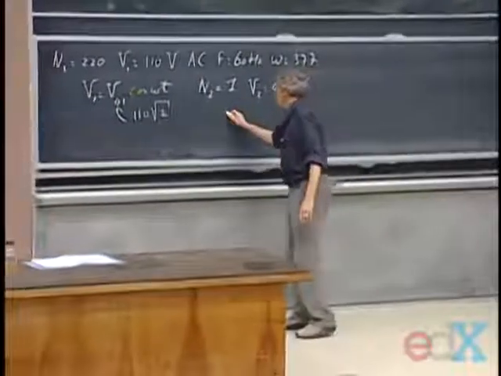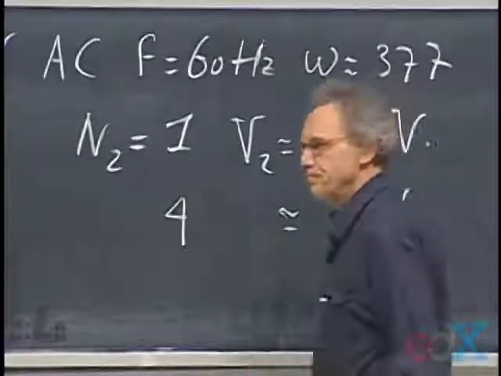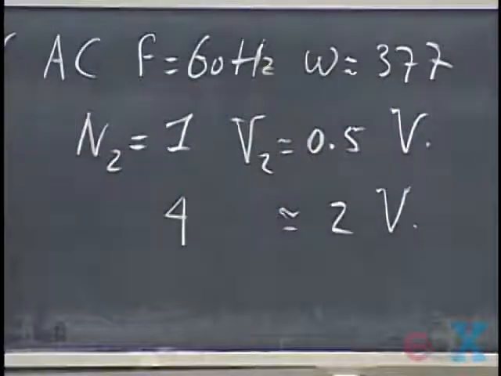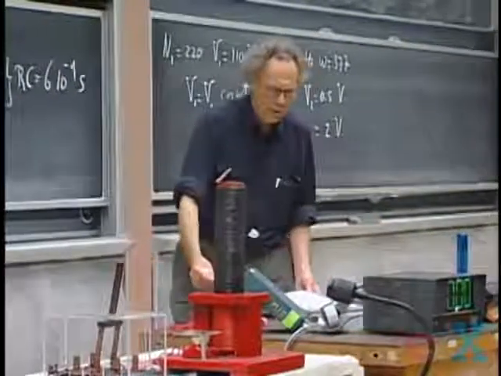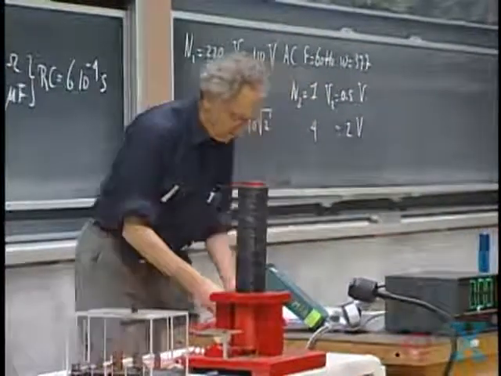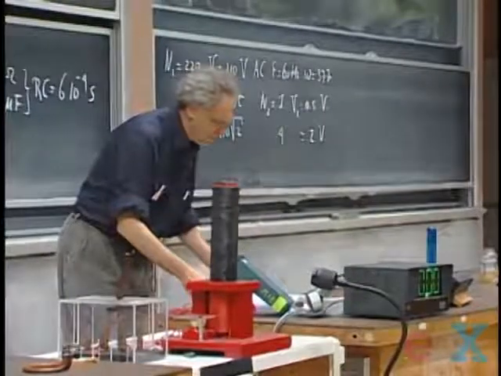And then I will put 4 windings around, and then you expect about 2 volts. And you will see it there right in front of you. This is where you're supposed to see the reading. I can't see it, but I have to trust you when you give me those values.